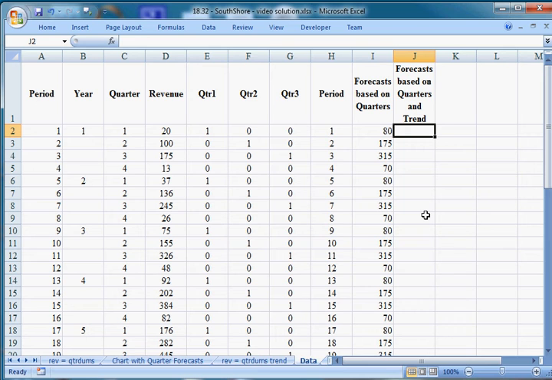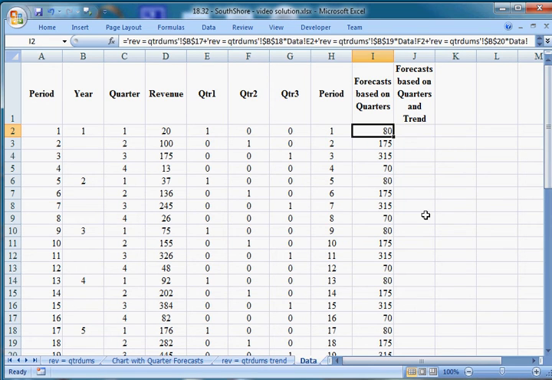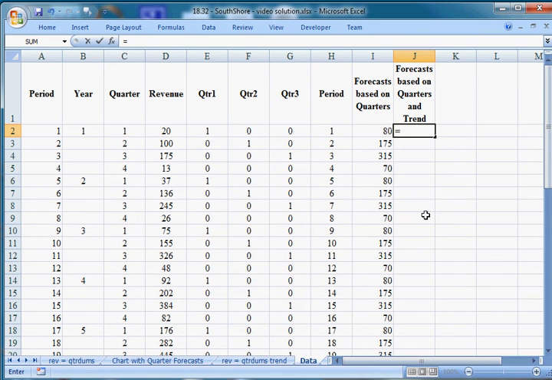Okay, so we have a forecast based on quarters and trend. It's going to look a lot like what we did before.